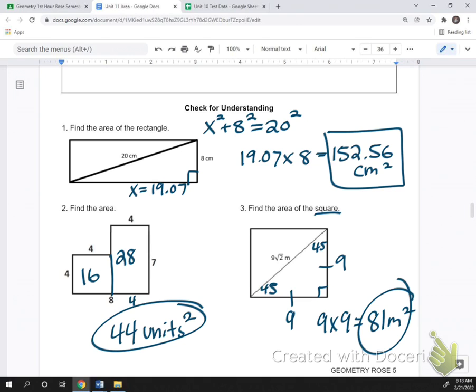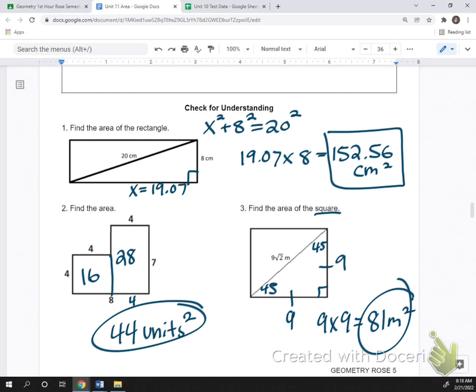Number 2 is a composite area. Number 3 is a square. We've got a hypotenuse there, so it makes a 45, 45, 90. For number 3, I used our special right triangle for an isosceles, 45, 45, 90. Questions about the check?